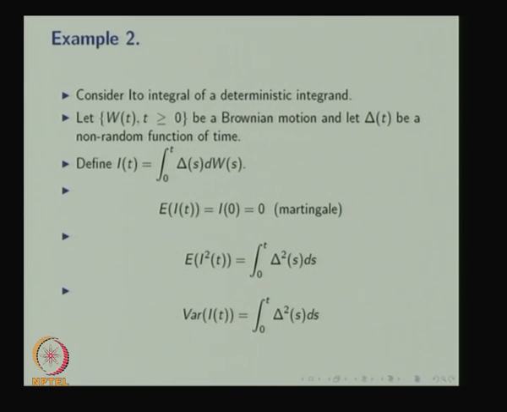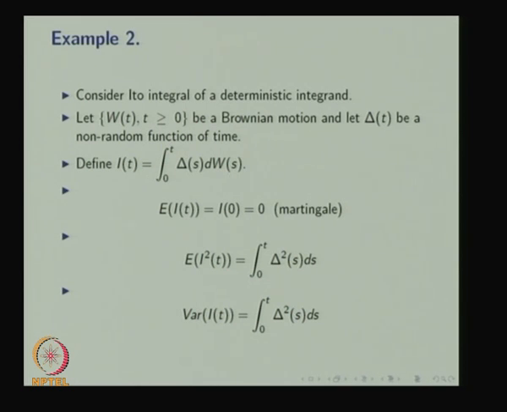You can find the variance of I of t also. For that you have to find the expectation of I square of t, that is the expectation of the integral from 0 to t of delta u dWs, squared.